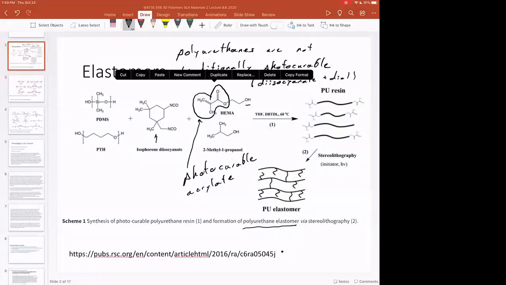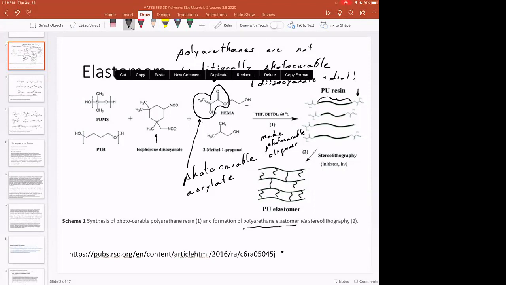And so you can build a polyurethane backbone with photopolymerizable groups right on the end. So you do a chemical reaction. This is just making an oligomer.